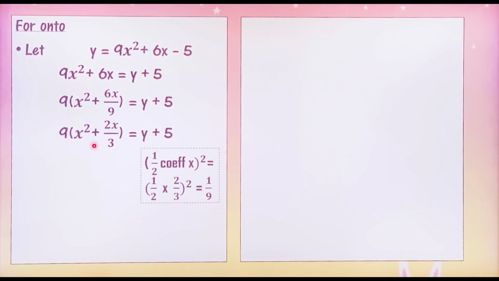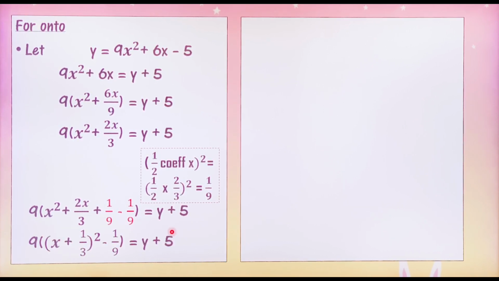Inside the bracket, add and subtract half the coefficient of x the whole square, that is 1/9. We get 9(x² + 2/3 x + 1/9 - 1/9) = y + 5. Now, the first three terms in the bracket together form a perfect square.